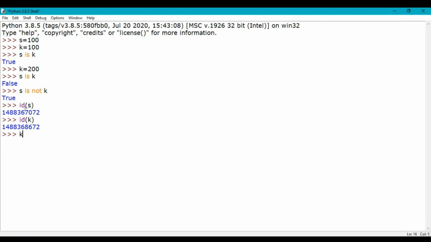If I change k to 100 again, because here I made it 200, let me make it 100. And now I'm trying id of k. So this gives me the same number, 1488367072. So based on this only my is operator and is not operator work. It just looks at the memory location that your variable is pointing to.